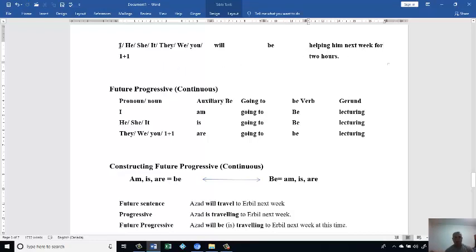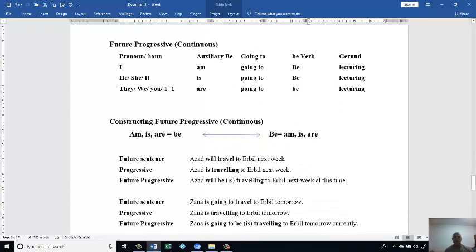Then we say subject plus will plus be, which is a substitution of am, is, was, or were. Then we have the -ing form, helping. Then we have the time frame. The second kind: we have the pronoun I, then am, then going to, then be, then the gerund.